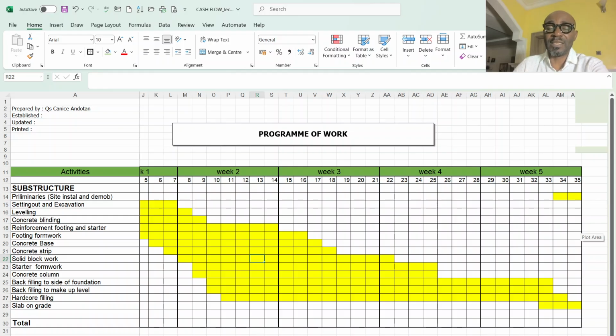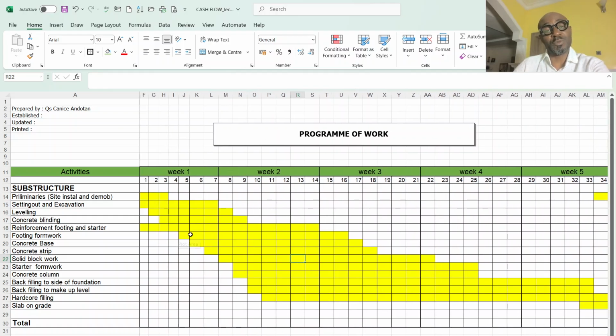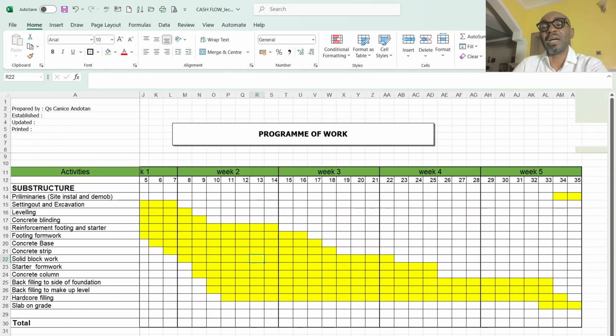My assumption in this planning is that there are no weekends. It is a contract on the speed lane where you need to deliver in 35 days, excluding Sundays, and Saturdays are not excluded.